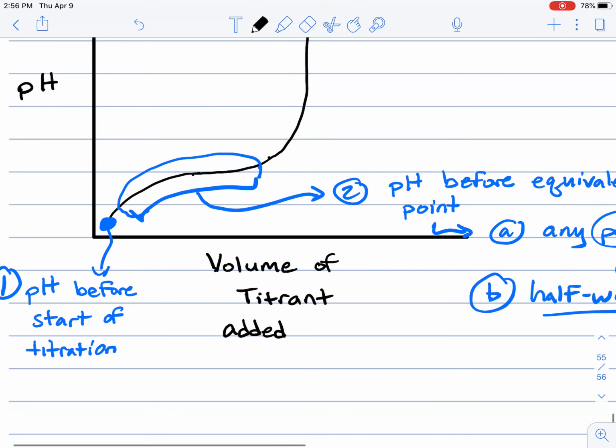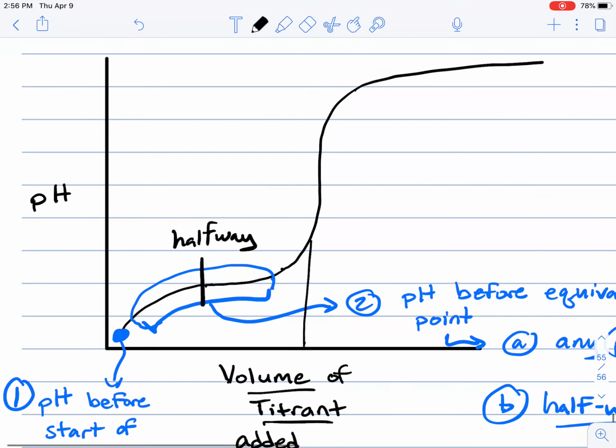And so the halfway point is, for example, here. And what defines the halfway point is half of the volume of titrant needed to reach the equivalence point.